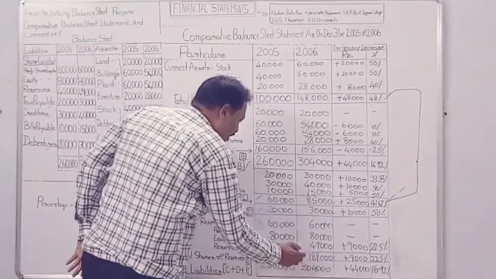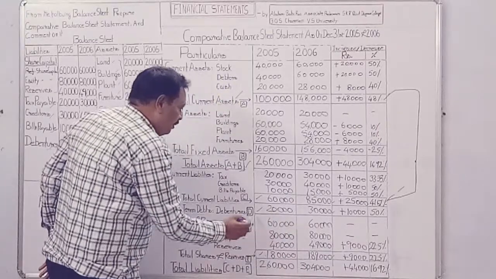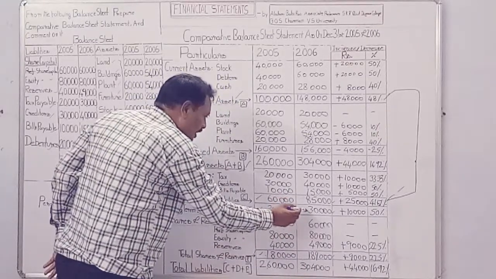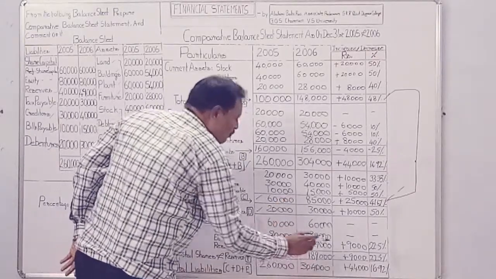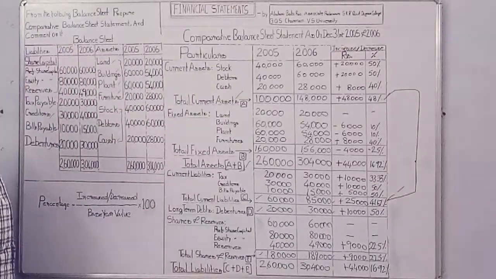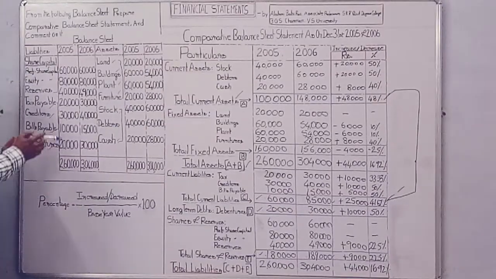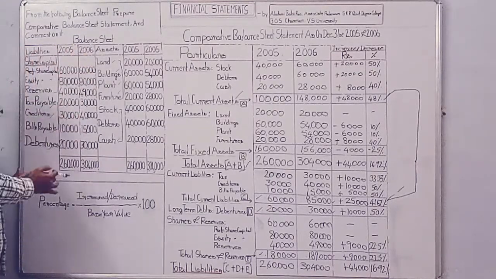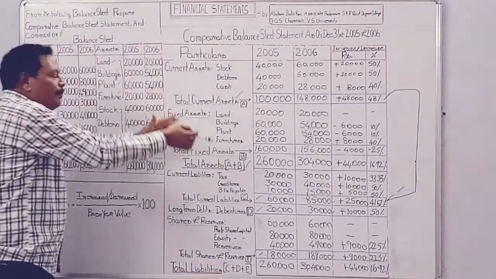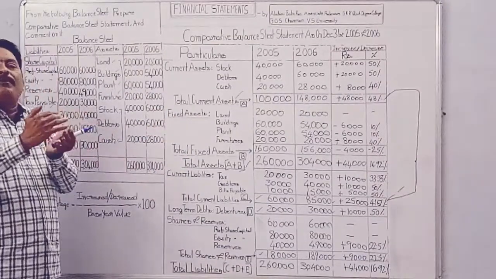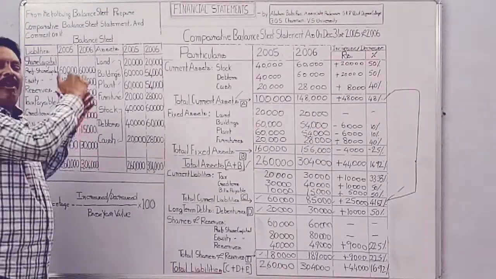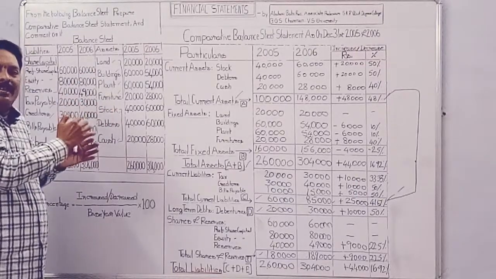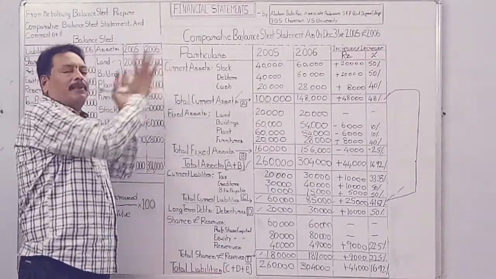Like this, when you add C, D, E, this item C, this item D and this item E, when you add these three items, you will get 3,04,000. This is the liabilities. It is nothing but you are showing this balance sheet values in the statement, but in the shape of divisions, or you are classifying all the assets and liabilities and mentioning those values in the statement.